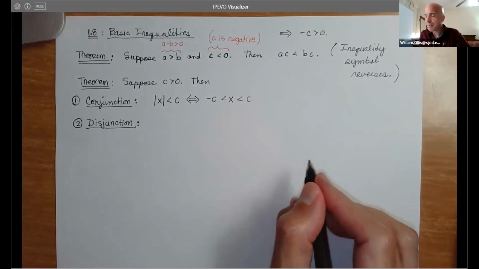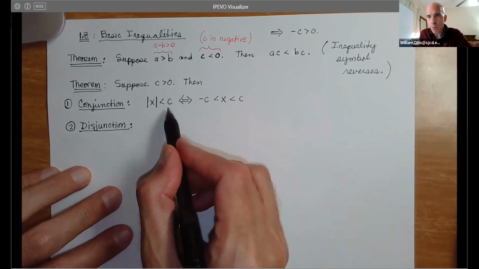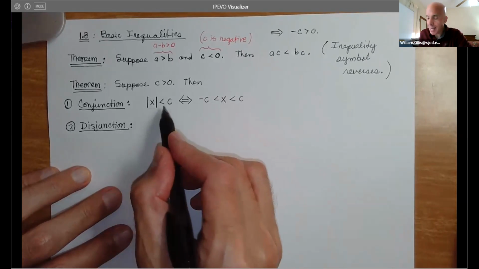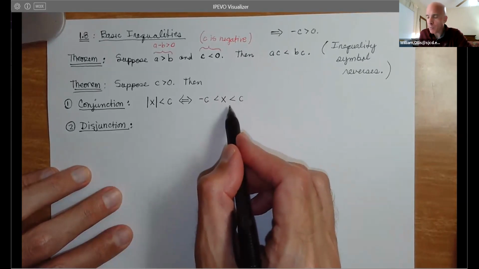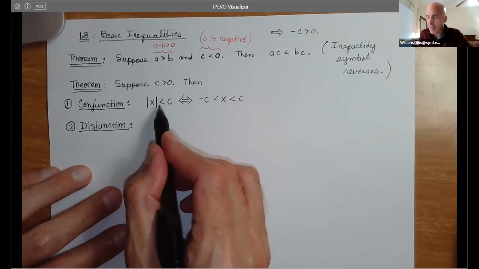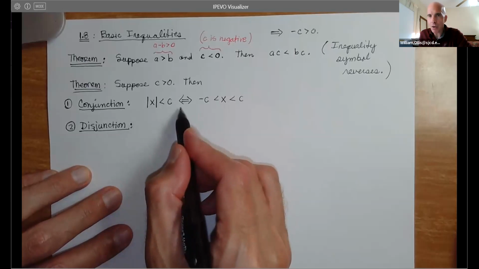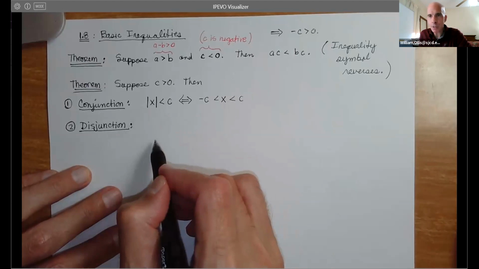So the result here is that if you have this form, that is the absolute value of some real expression less than C, then you can write this expression. Now, of course, this has to make sense. There are things that students always say, well, this isn't doing exactly what I thought it would do. Well, you just have to abide by whatever's inside the absolute values.